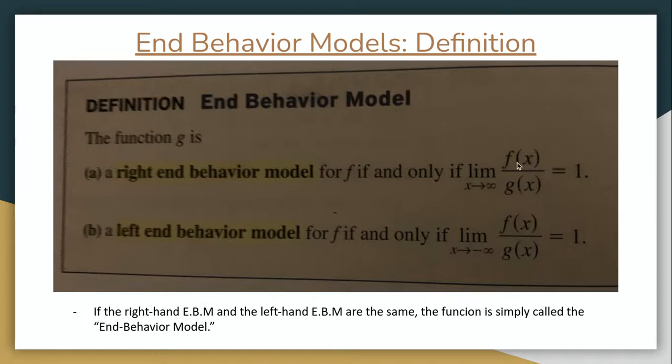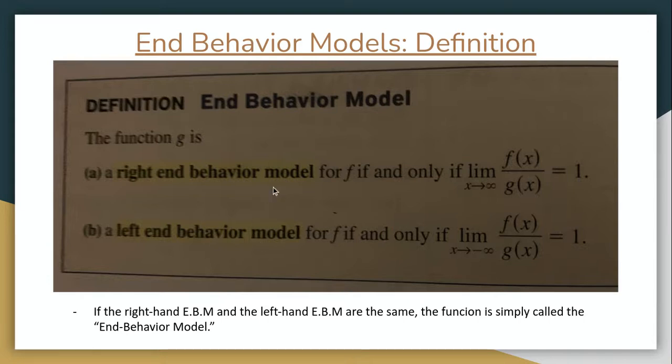G will tell us what f will look like as x goes to infinity, or to the right. Similarly, as x goes to negative infinity, our inputs go farther and farther to the left. So if the ratio of the two functions as x goes to negative infinity is 1, the two functions will act the same, and then g will be a left end behavior model for f.